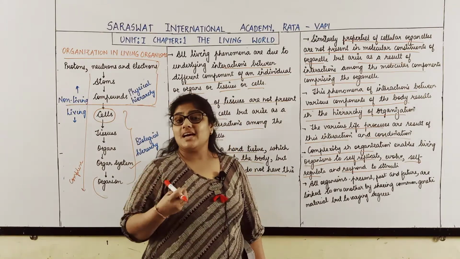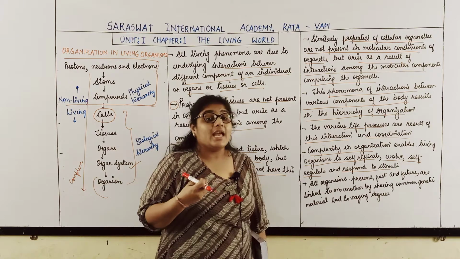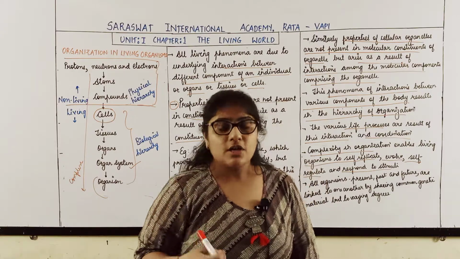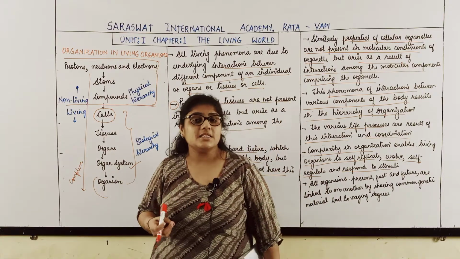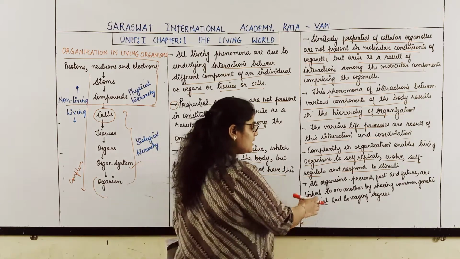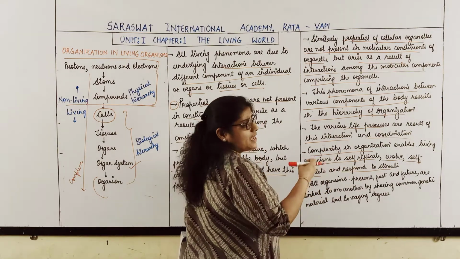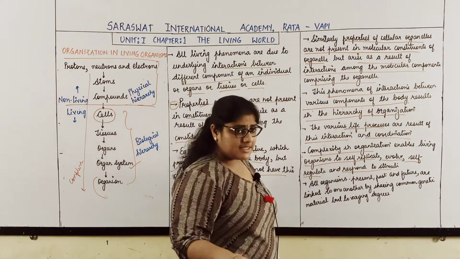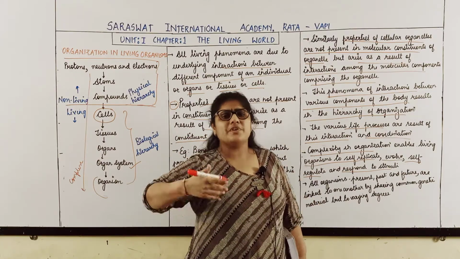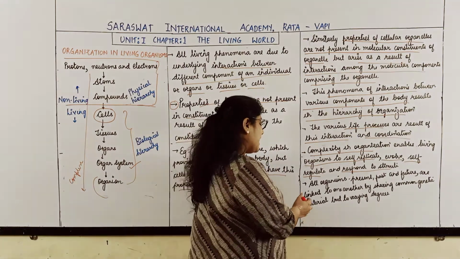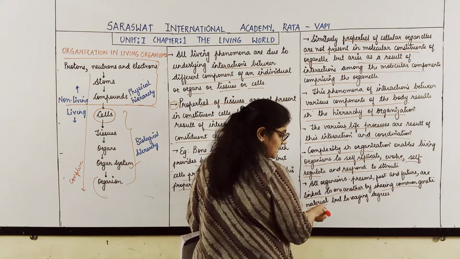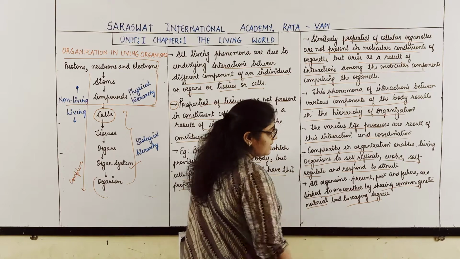Now students, all the living organisms, present, past and future, all organisms which are present now, which were present in the past and which will be found in the future, are linked to one another by sharing the common genetic material, that is DNA, but to varying degrees.